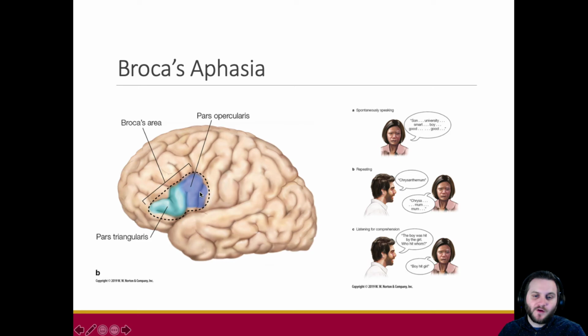The entire dotted region is Broca's area. So any damage to either this turquoise or this other blue area here is going to produce Broca's aphasia, as we have seen it in general.